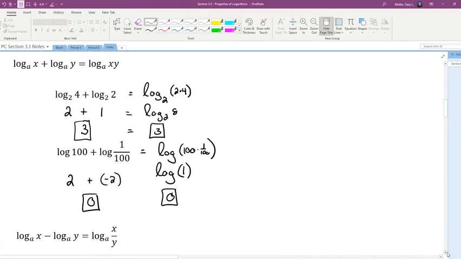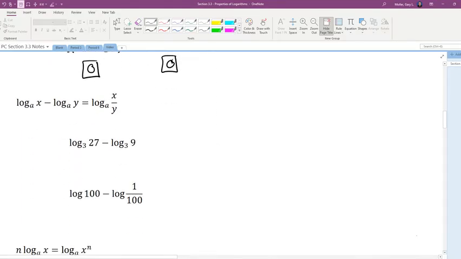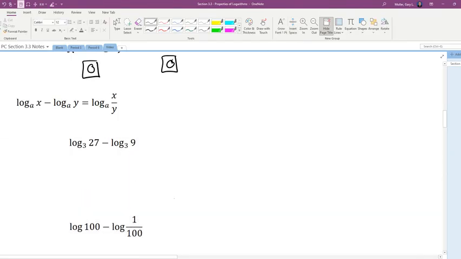All right, let's look at an illustration of the subtraction to division one. Once again, let's answer this separately. 3 to the third is 27, and 3 squared is 9, so we get an answer of 1. Our condensing rules say that they have the same base, so I can bring them together as a division question.